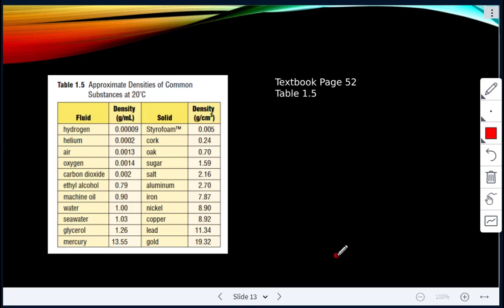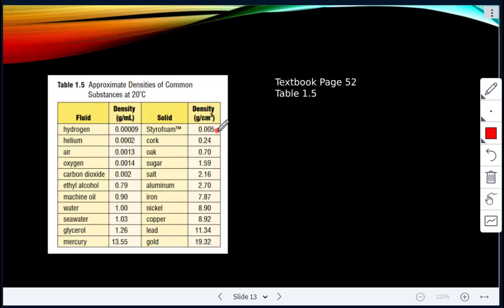Okay, in this table, we can see some common substances and their densities. Here we have fluids and here we have solids. For example, water, which we already discussed a little bit: its density is 1 gram per milliliter. Then, for example, helium is 0.0002 grams per milliliter.